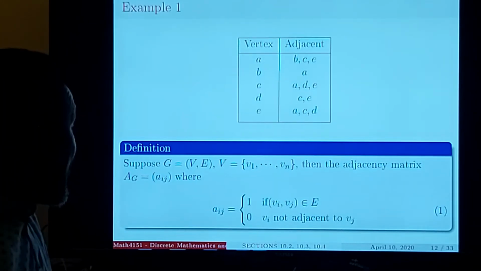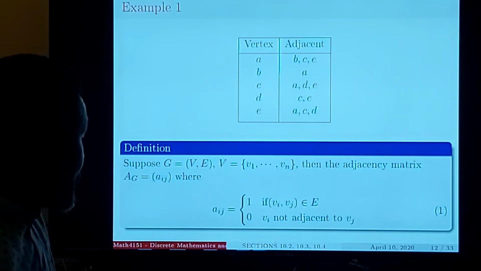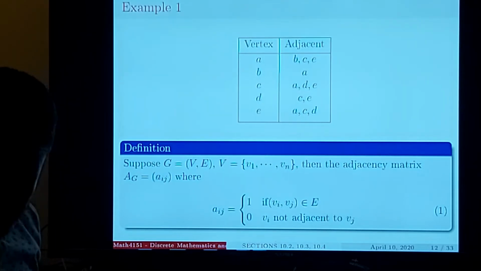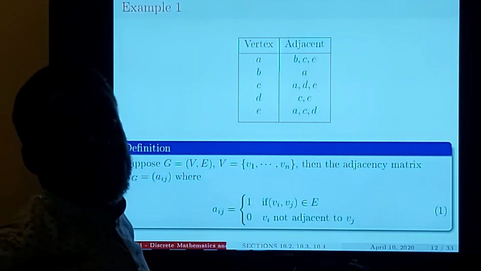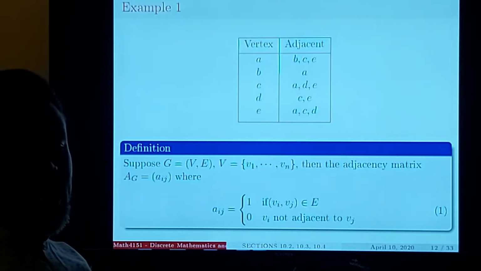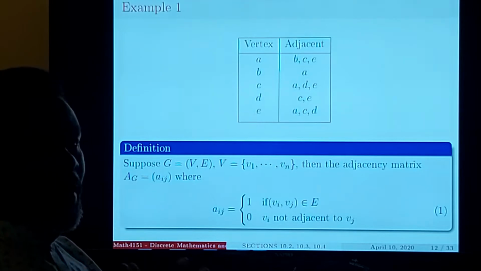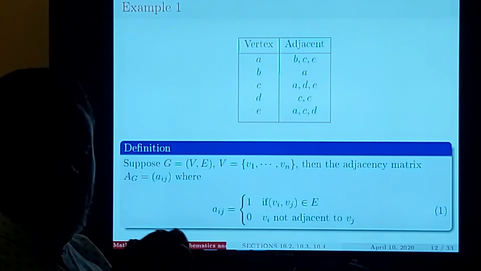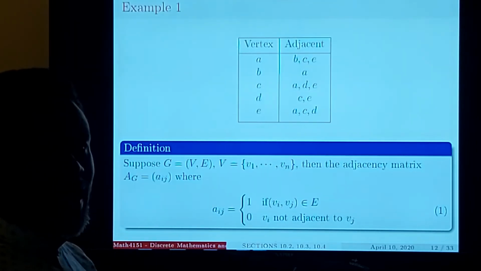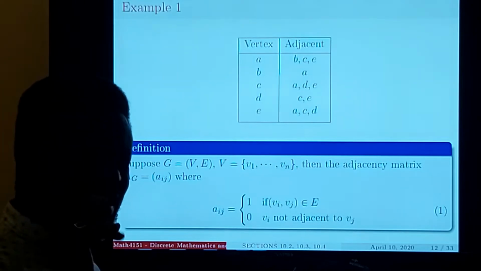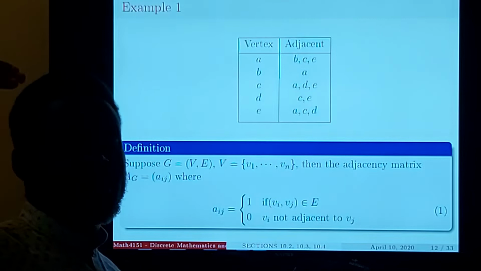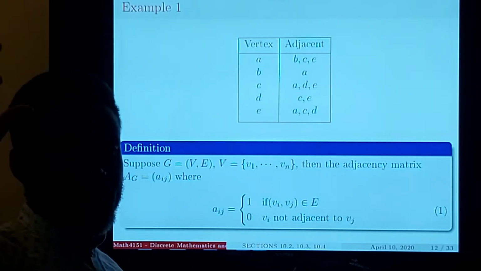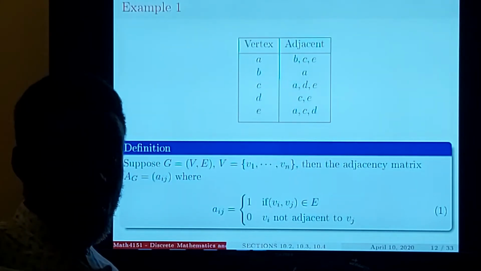Another way of representing graphs is by using what is called the adjacency matrix. Actually, adjacency matrices are easier to operate. Remember, in linear algebra in your earlier life, you looked at objects that were called matrices. And remember, a matrix is basically just an arrangement of elements, objects, items in row, column form.